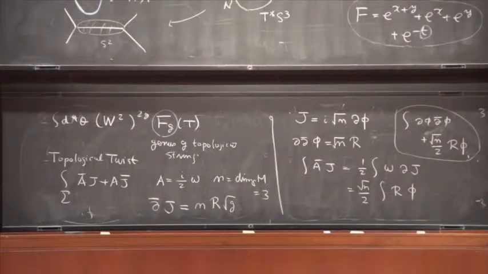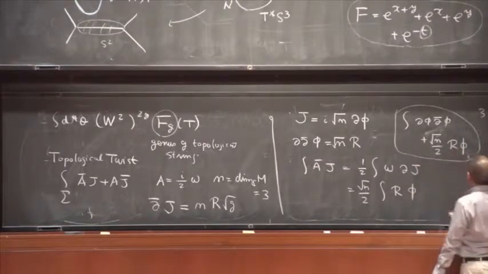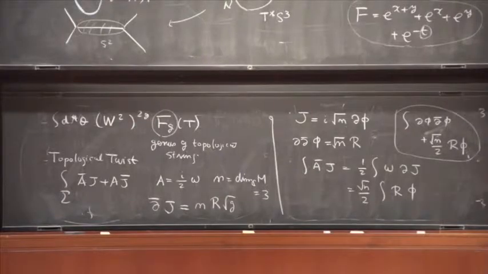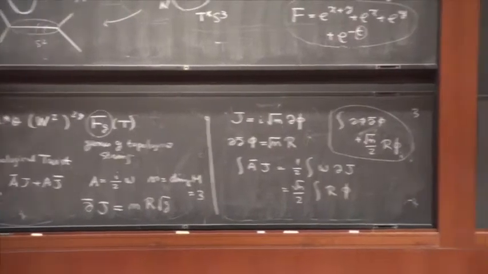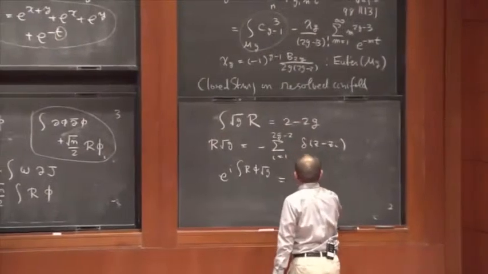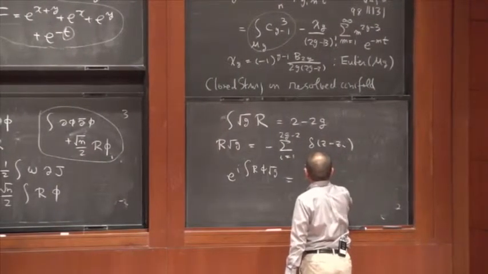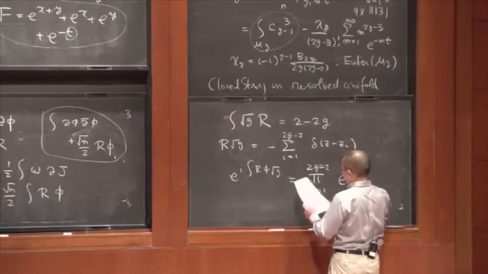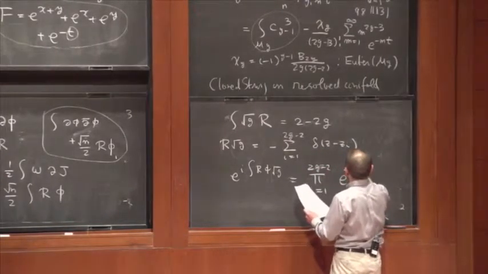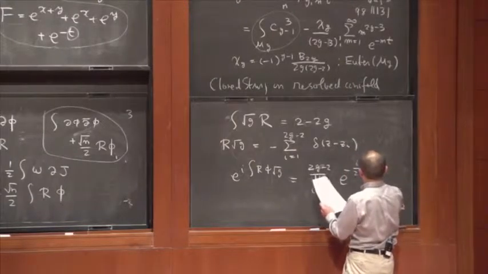So in particular, you can write this as a sum of delta functions. If you write it as a sum of delta functions, then this term in the action gives rise to a product of local operators. And the modular integral gives rise to basically an integral over these insertion points.